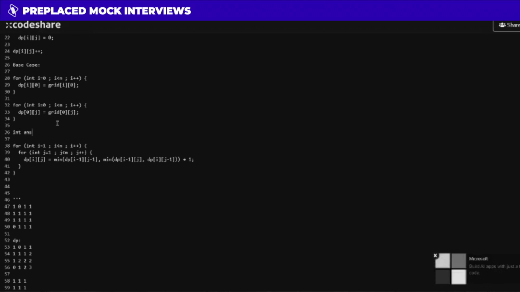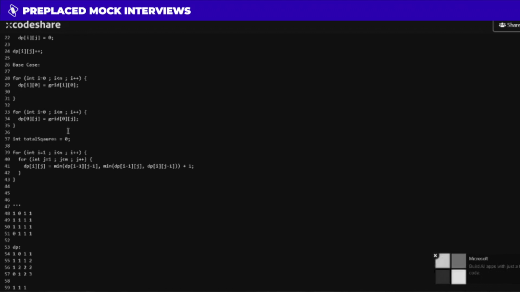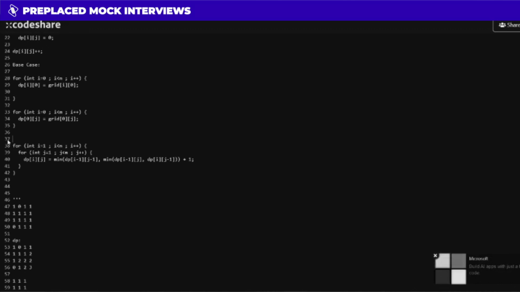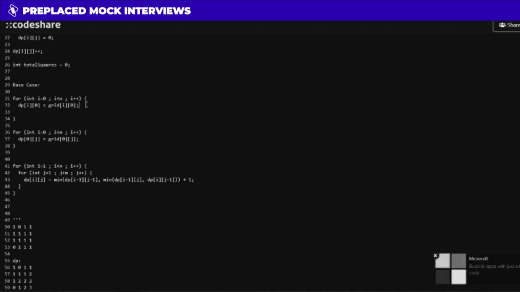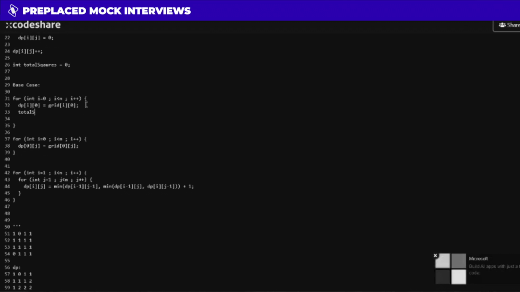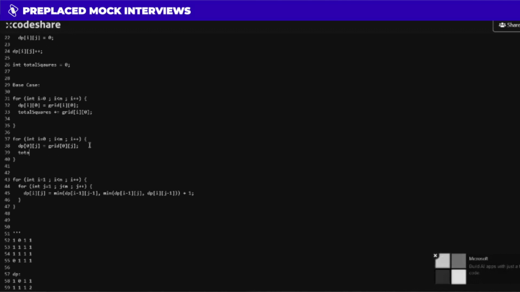I'll have a total squares variable which is running, and I should declare it here for the base cases as well. While I'm constructing it, I'm just increasing the value of the total squares.